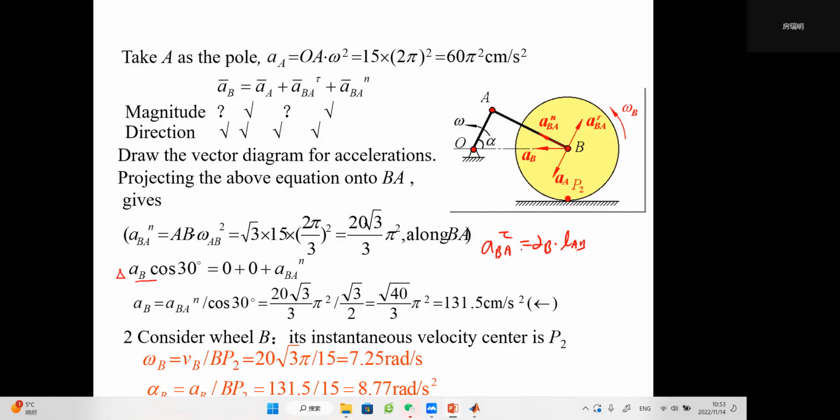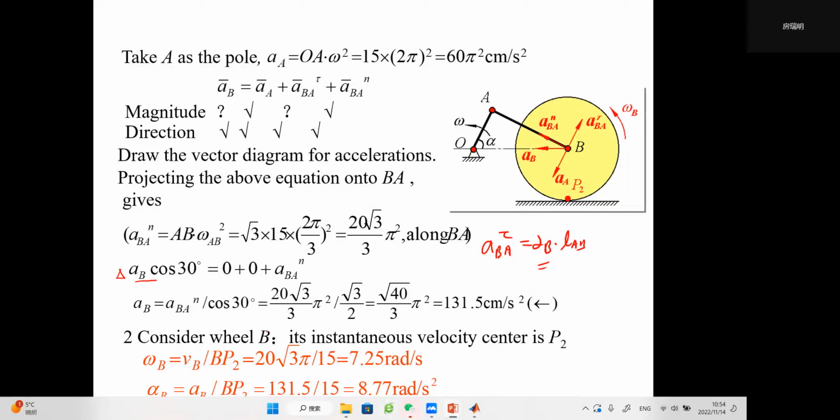So we only need to use ABAτ over LAB, then we can find alpha B. Maybe I will leave this to you. If you have interest, you can try to do this by yourself. Maybe you will find it's the same result as here.